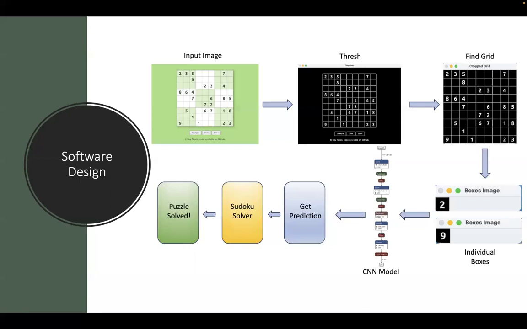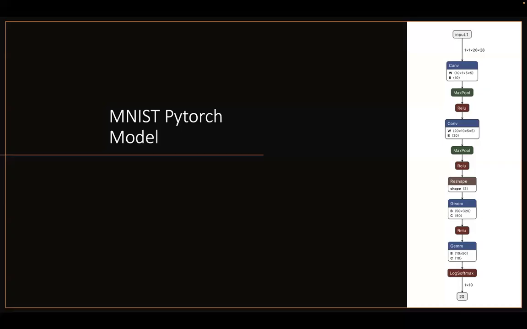So we pass these boxes into this model, we get the prediction, we rebuild the puzzle, and then we pass that to the Sudoku solver, and the puzzle is then solved. If we want to overlay it, we can do that, or if you want to provide the solution, just display it in console or write a CSV file, we can do any of those things.